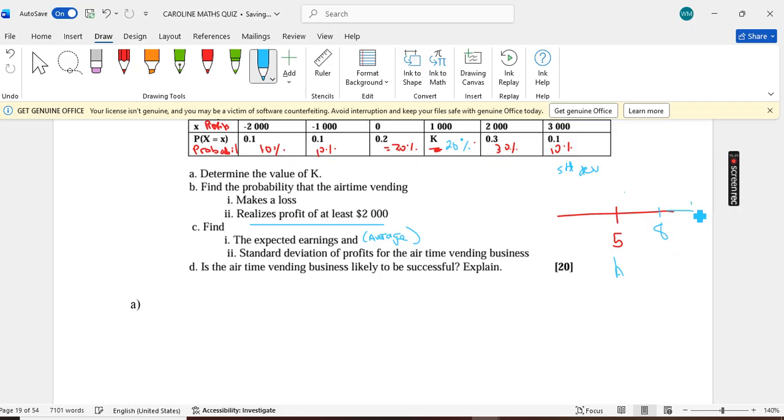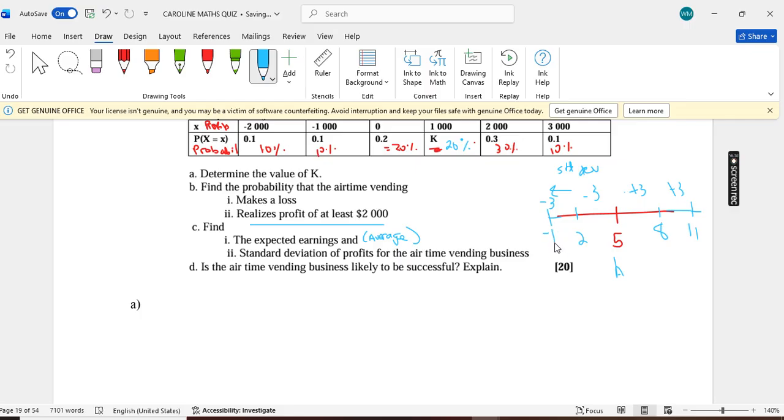The next point is going to be another 3 units, 8 plus 3, 11. If you go down to the left, 5 minus 3 is 2. 2 minus 3 is negative 1.